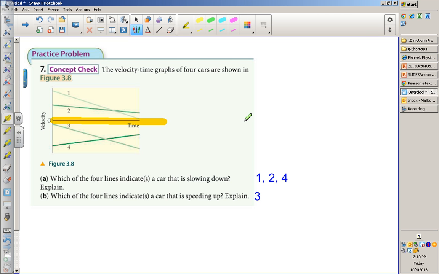But in terms of these graphs, that means that lines that are moving towards the x-axis are doing what? Slowing down. If we took a look at, let's say, this spot right here, this spot right here, this spot right here, and this spot right here on graph number 1.